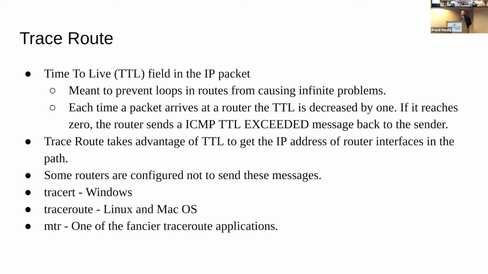But if it is configured according to RFC, essentially the published rules of the game, as it were, it is to send an ICMP packet back to the source, letting the source know that the packet it just sent will never reach its destination because its TTL has been exceeded.